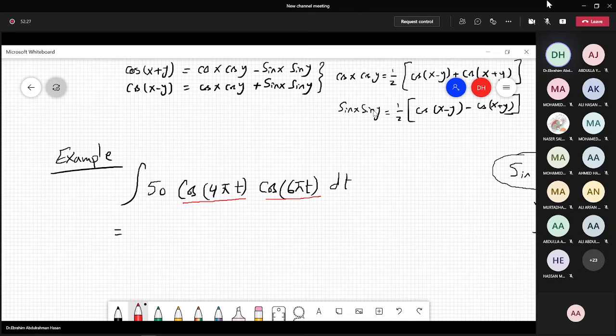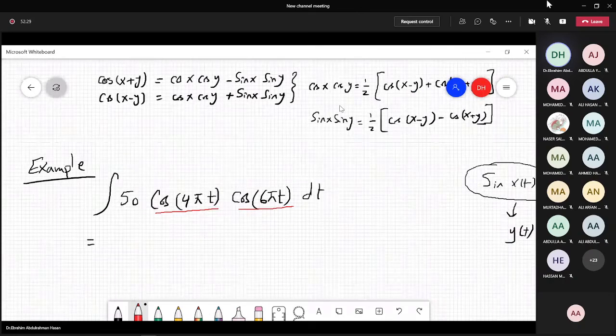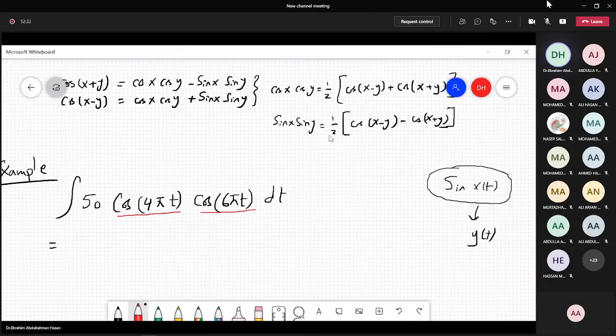So this one is equal to half, so 50 divided by 2 is 25, and 25 you can take outside. It's a constant. Cosine x minus y, so the subtraction of these two, cosine of 4 minus 6, which is minus 2.